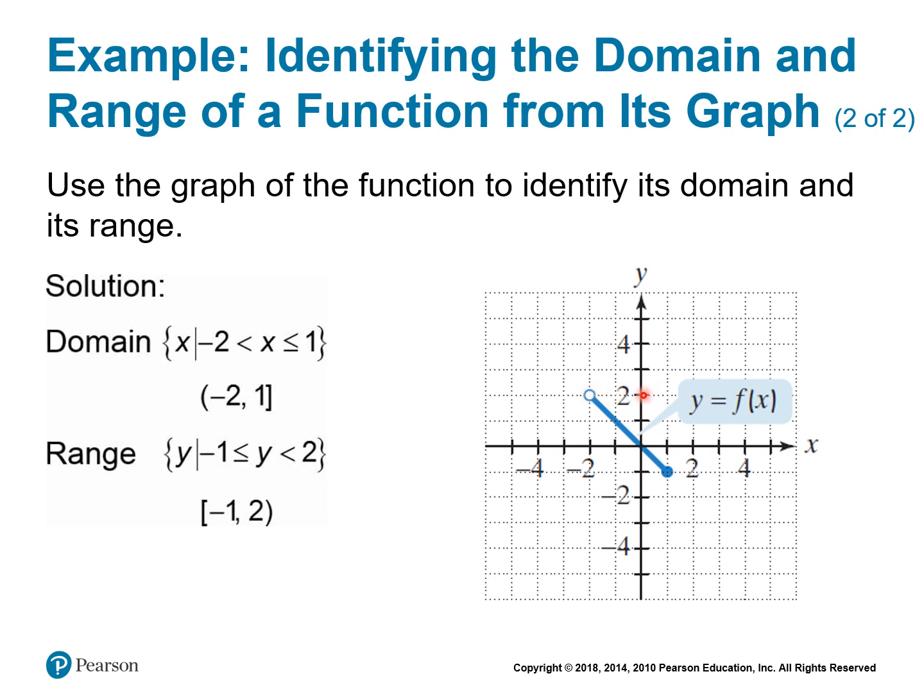So 2 is the highest y value that can be output from the function, the highest range value that we can expect to get. Whereas the lowest y value is at -1, correct? That's the lowest y value.